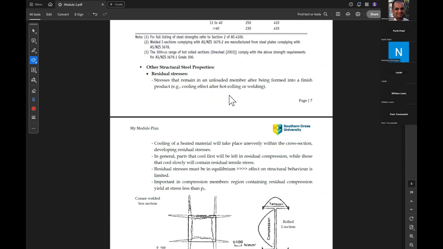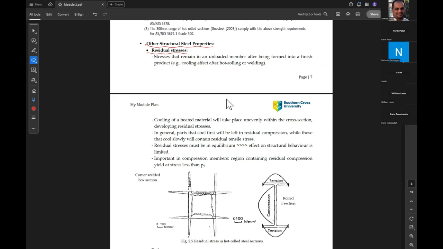There are some other structural steel properties which might need to be considered when designing or doing research about steel. For example, residual stresses. We can go briefly over this one. Residual stresses are the stresses that remain in an unloaded member after being formed into its finished shape, due to cooling after hot rolling or welding.